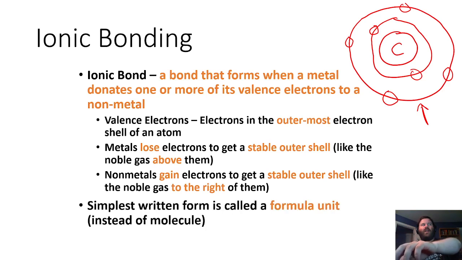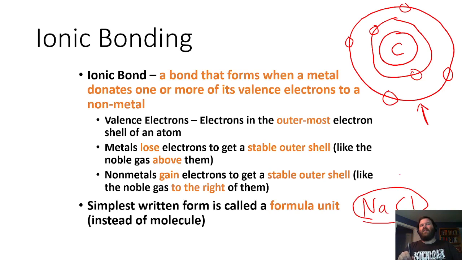So let's look at, I should mention the simplest written form of an ionic compound is technically called a formula unit instead of a molecule. If we're talking about a salt, NaCl is a classic example of an ionic compound with an ionic bond, but there's not really ever just a bit of NaCl floating around.